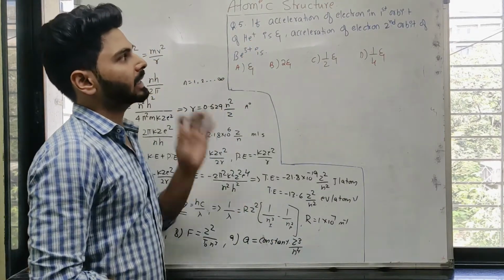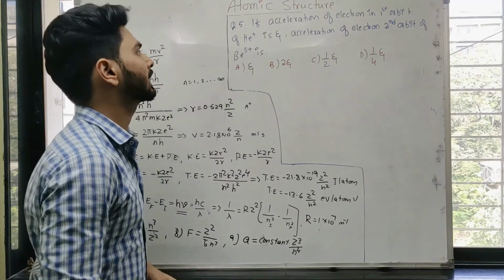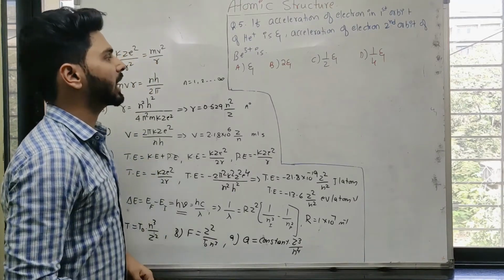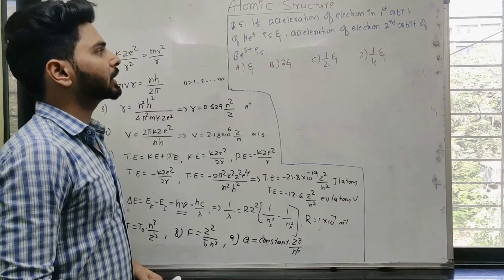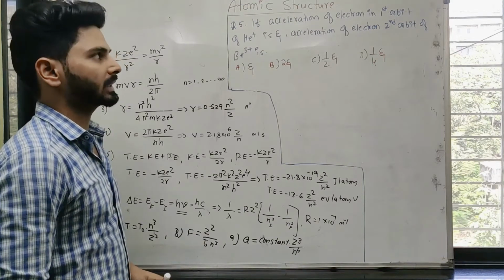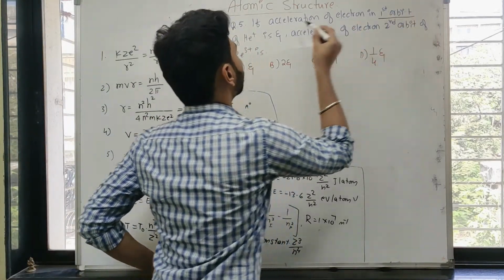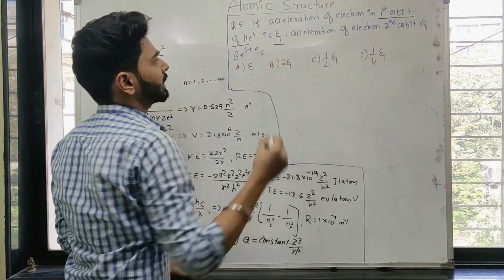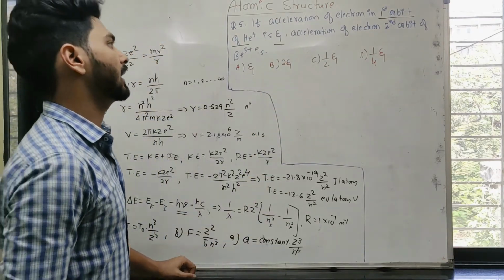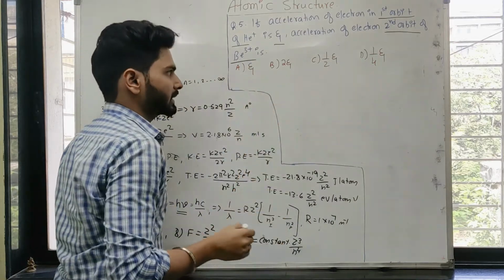If the acceleration of the electron in the first orbit of helium plus is, let's say, some Greek letter eta, the acceleration of the electron in the second orbit of beryllium 3 plus is. So the first orbit of helium is regarded as eta, and the acceleration of the second orbit of beryllium 3 plus is asked.